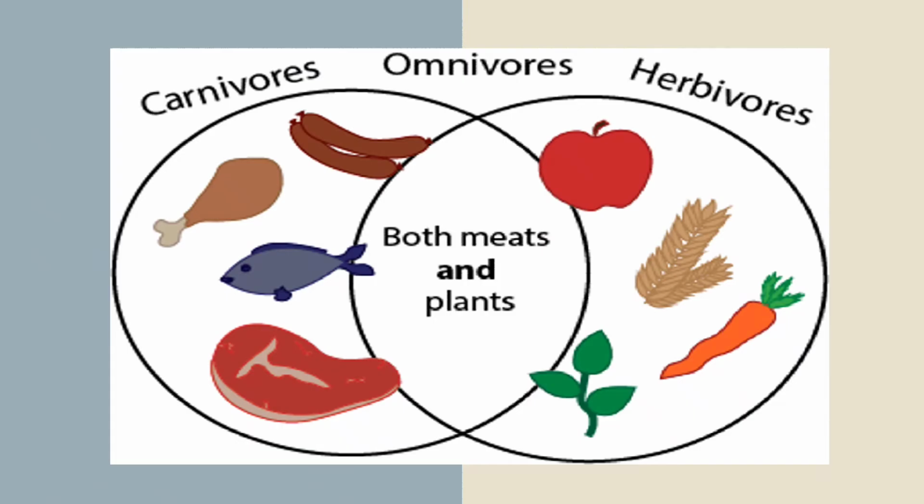So again, we have the carnivores, omnivores, and herbivores. So herbivores are the animals that eat only plants. And for the omnivores, they eat both meat and plants.